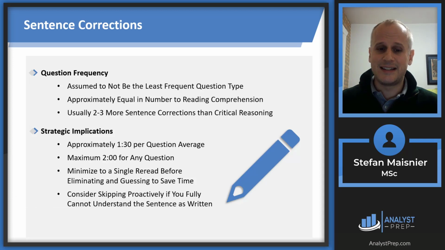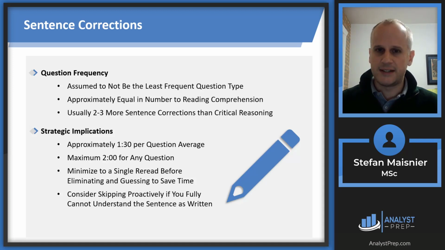Furthermore, you can consider skipping these question types proactively if upon your first read you fully cannot understand the sentences written. So if you're just struggling to comprehend what the sentence is saying, it's probably best to cut bait and move on to your next verbal question briskly rather than struggling through determining what the meaning is.